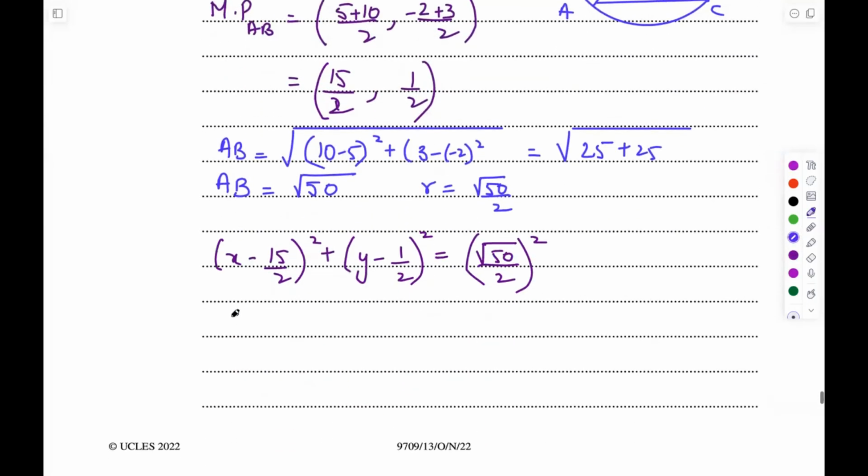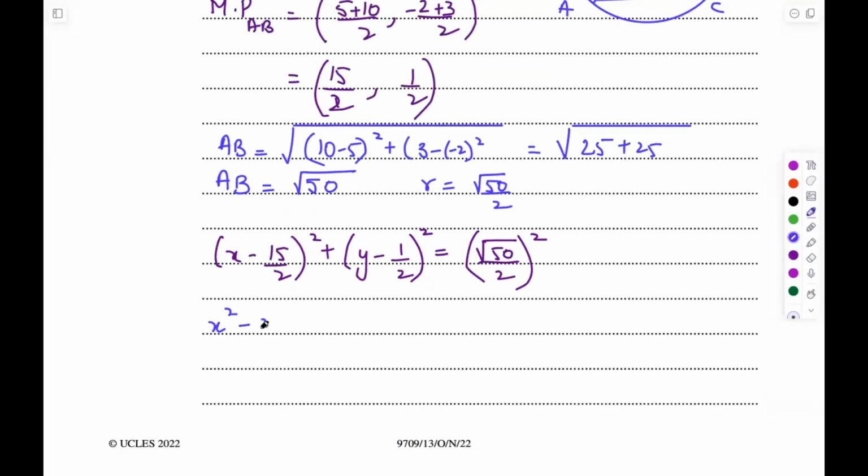Expanding x minus 15 upon 2 whole squared, that will become x squared minus 2 into x into 15 upon 2 plus 15 squared upon 2 squared, plus expanding y minus 1 upon 2 whole squared, that will become y squared minus 2 into y into 1 upon 2 plus 1 upon 2 whole squared, which will become 1 upon 4. The square root of 50 whole squared will be 50, and 2 squared will become 4.